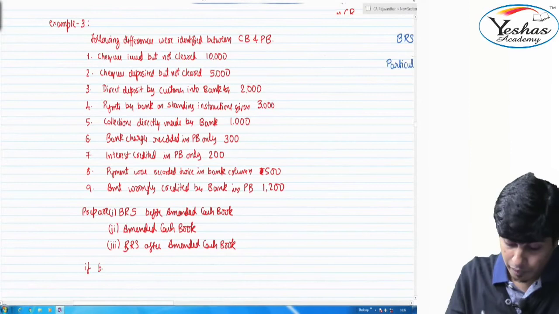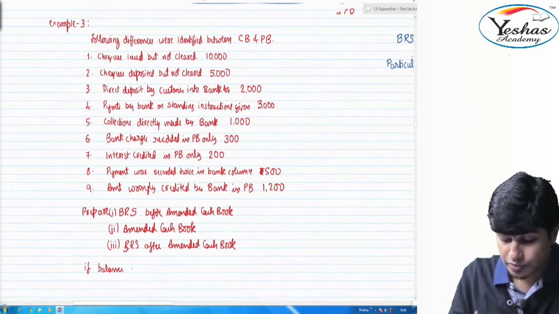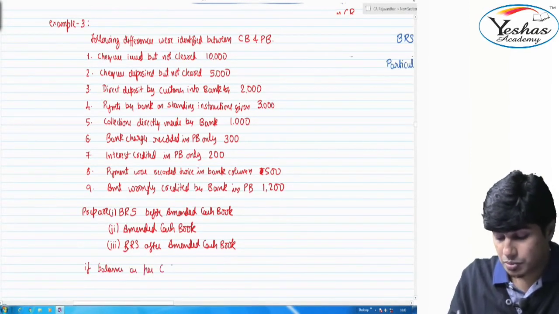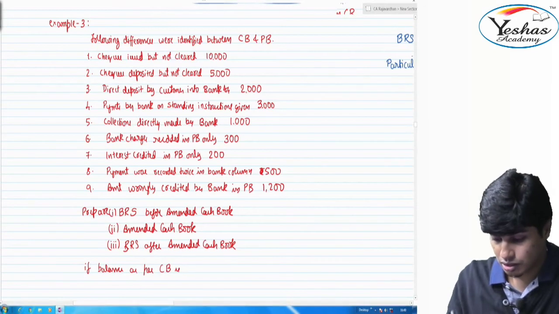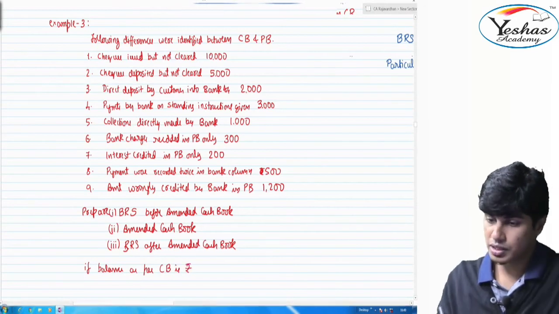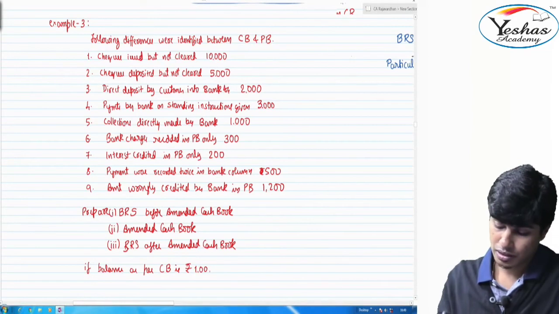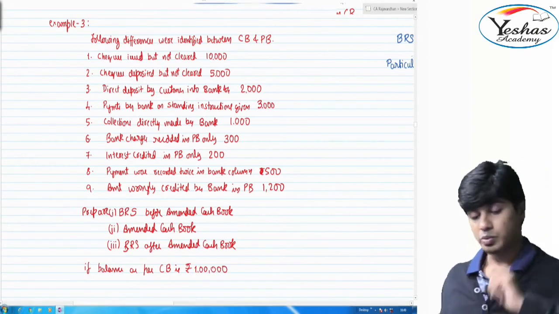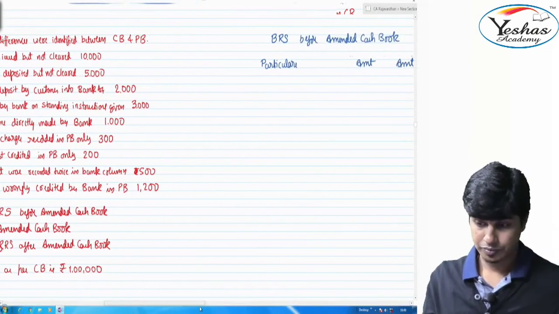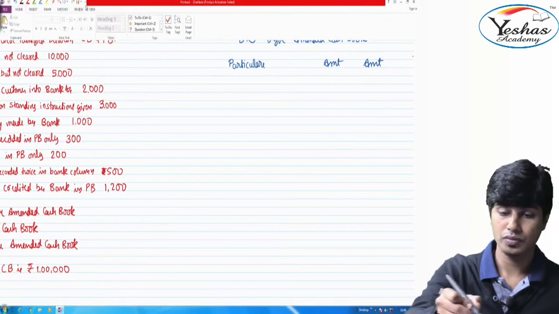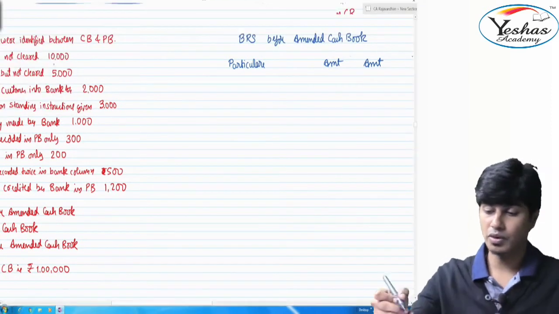If balance as per cash book is rupees, can I take it as 1 lakh? Balance as per cash book is rupees 1 lakh. So now tell me, what is the starting point?